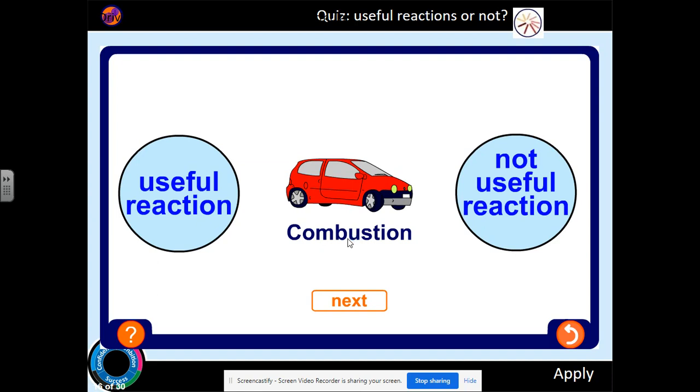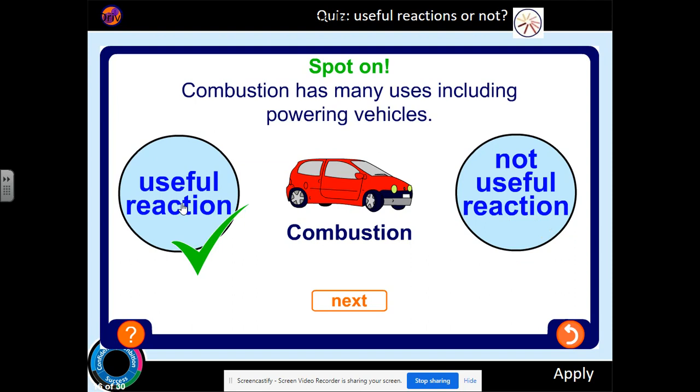Not useful reaction or useful reaction? What do you think? Let's go with those who said it is not useful. Bet your luck next time, sport. So it simply means that combustion is useful. Combustion has many uses, including powering vehicles. So without combustion, your vehicles will not move.